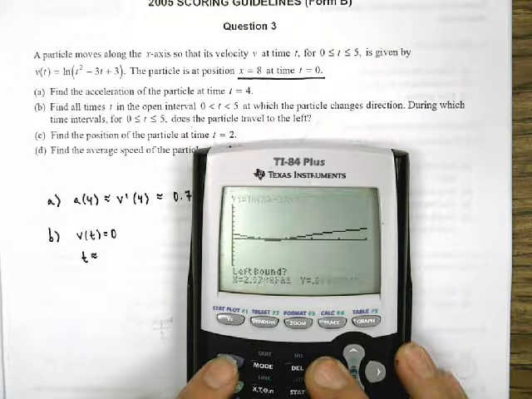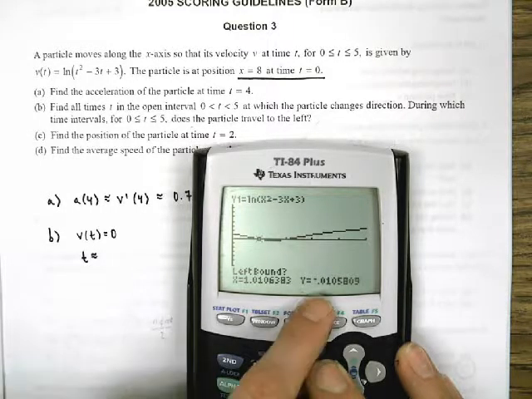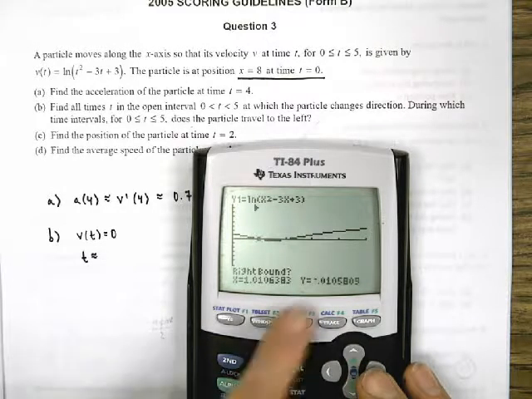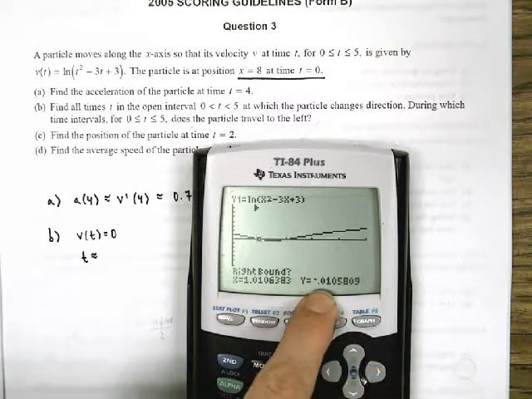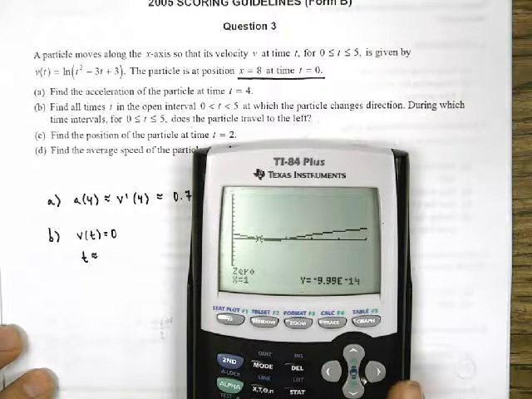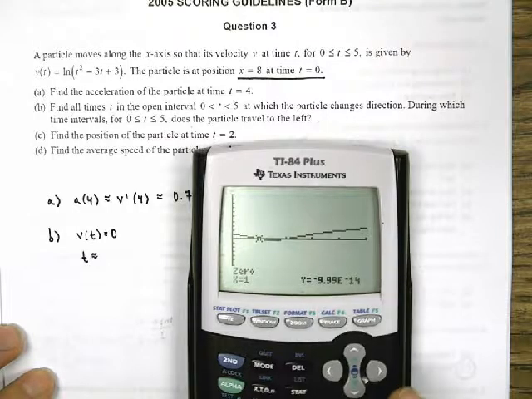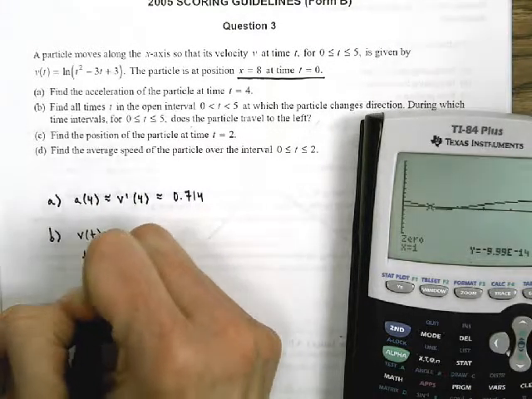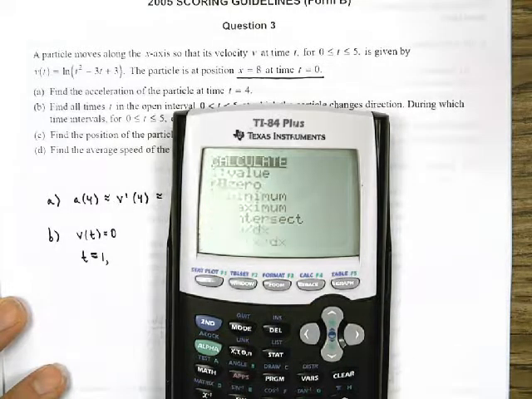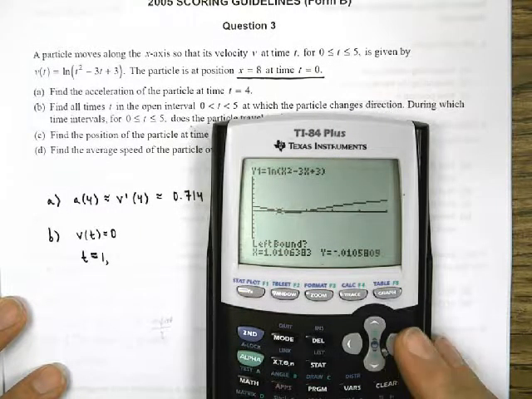I'm going to go to the left here, so I get my first one first. For my left bound, I'm going to make sure my y value is above 0. It's positive. I'm going to hit enter. For my right bound, I have to make sure it changes to negative, and I get a 0 of 1. Well, the 0 is at x equals 1, so t equals 1. Then we'll do calc 0 again to get our second one.